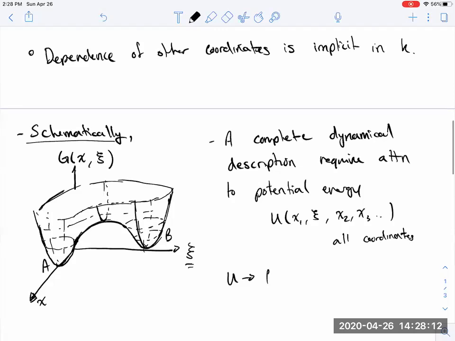potential to a set of forces. From that set of forces, and knowing that F is equal to ma, I could then get the complete time dependence of any set of coordinates. But to know that time dependence requires knowing those forces in the full dimensional space of whatever that potential energy is specified in.